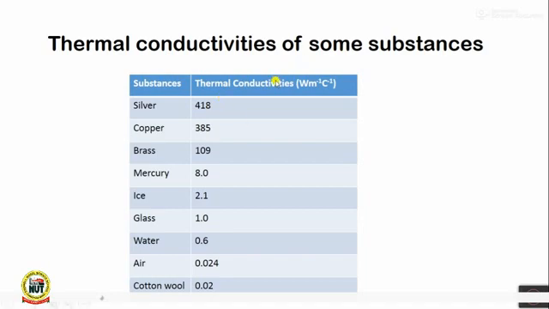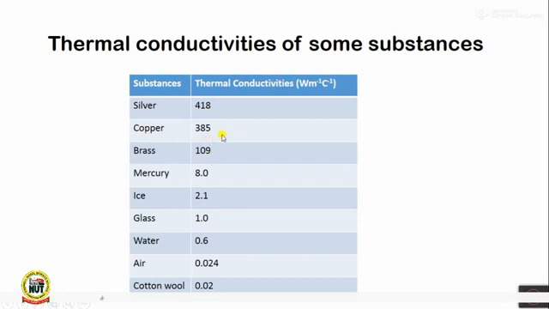This is because the silver can bear as much heat as 418. Are we clear? Now, what we are trying to say here is that silver retains and conducts heat faster than copper, and copper conducts it faster than brass.